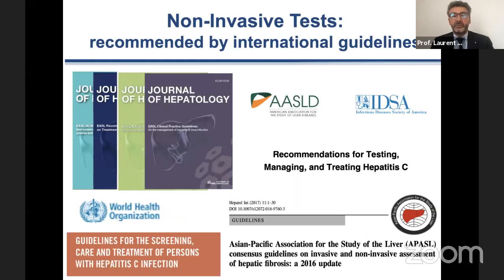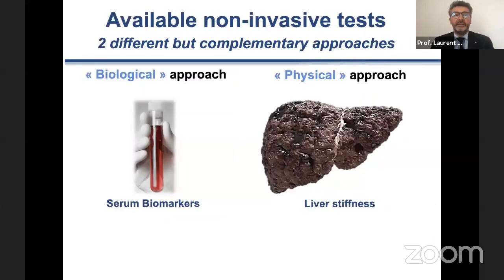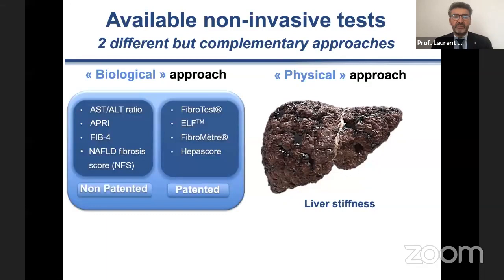Non-invasive tests are now recommended by all international guidelines, including the APASL guideline. So these are the available non-invasive tests, two different but complementary approaches. The biological approach based on the dosage of serum biomarkers. You have two kinds of biomarkers, non-patented, simple biomarkers such as Fib4, for instance, and patented.